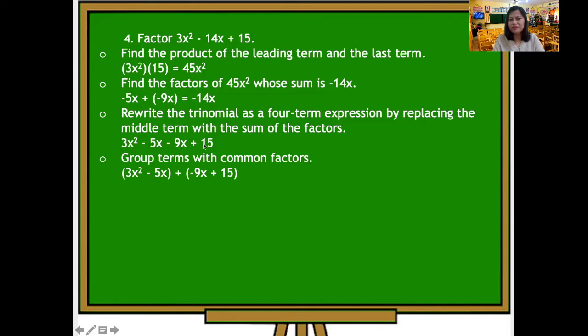Negative 9x plus 15 group as 1. We factor the groups again using the greatest common monomial factor. For the first group, we have the greatest common monomial factor, x. And for the second group, we have negative 3.